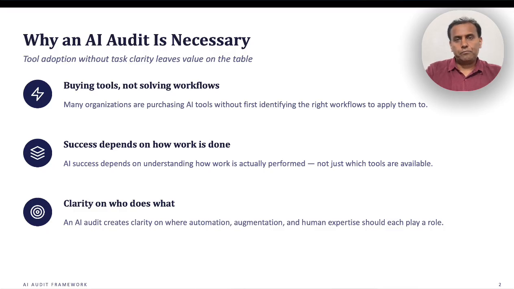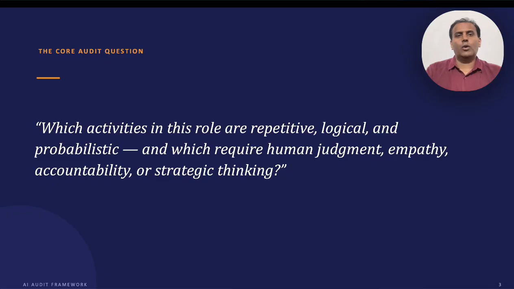But how do you do this? How do we achieve clarity on AI work versus human work? The core question is: which activities in your role, whether you're a CEO, a marketing head, a marketing executive, or a sales leader, or even at the function level, are repetitive, logical, and probabilistic?